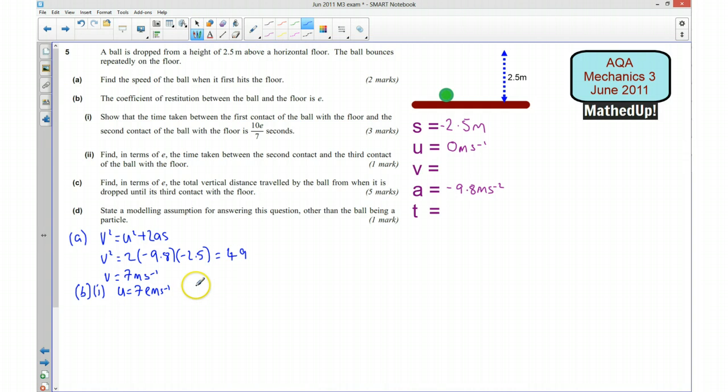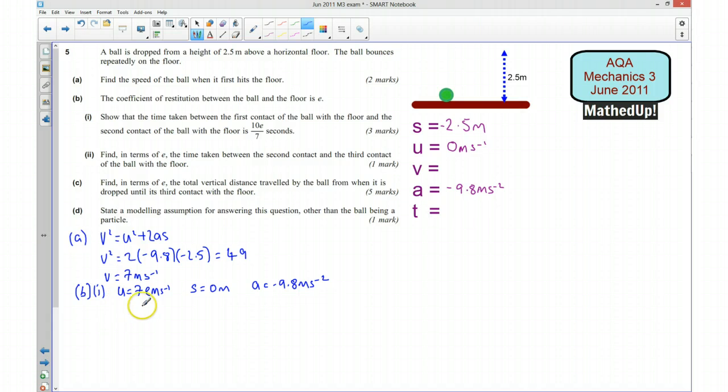So I can say s is equal to 0 meters. I also know that the acceleration due to gravity will be minus 9.8 meters per second squared.